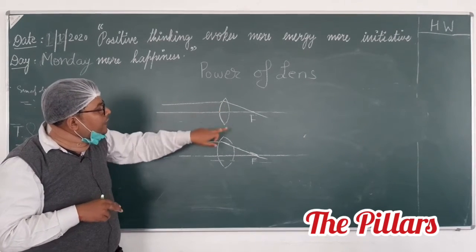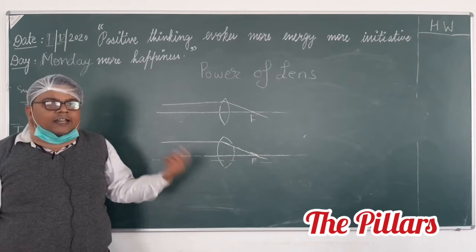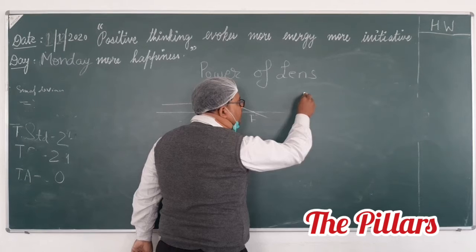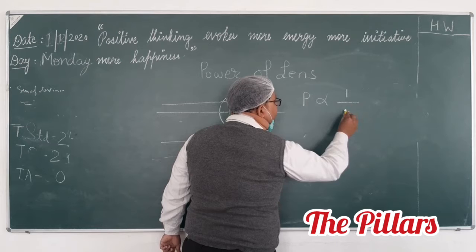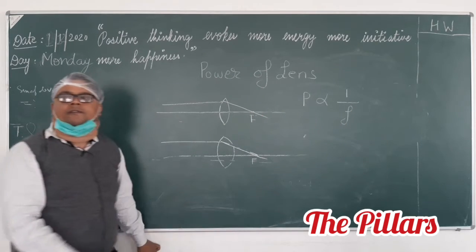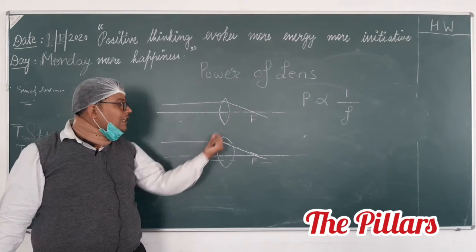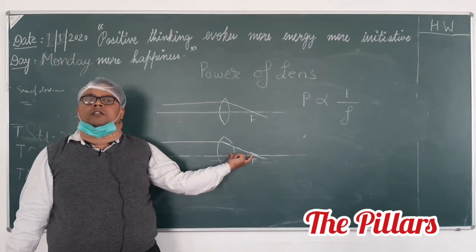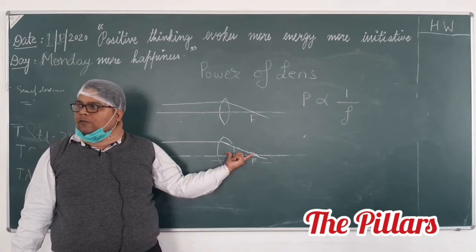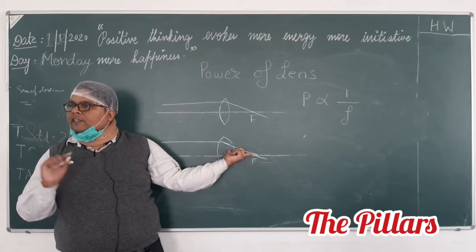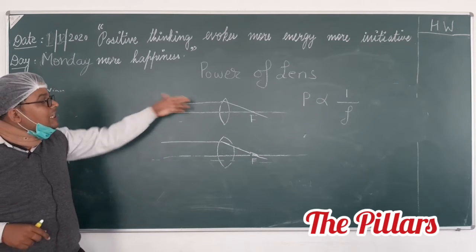Which has more converging power, this or this? The bottom lens. So you can clearly understand that power of lens is inversely proportional to focal length, or power is proportional to 1 by f. This one has more focal length and this one has less focal length. The lens with less focal length has more converging power.